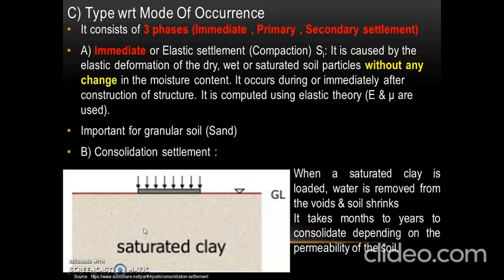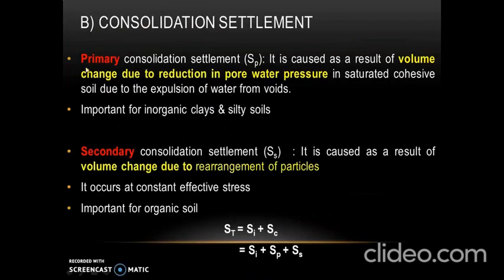When a saturated clay is loaded due to the construction of the structure, water is removed from the voids, and due to this soil shrinks, and this process takes several months or years to consolidate depending upon the permeability of the soil mass. Consolidation settlement is again of two types. One is primary consolidation settlement and next one is secondary consolidation settlement.